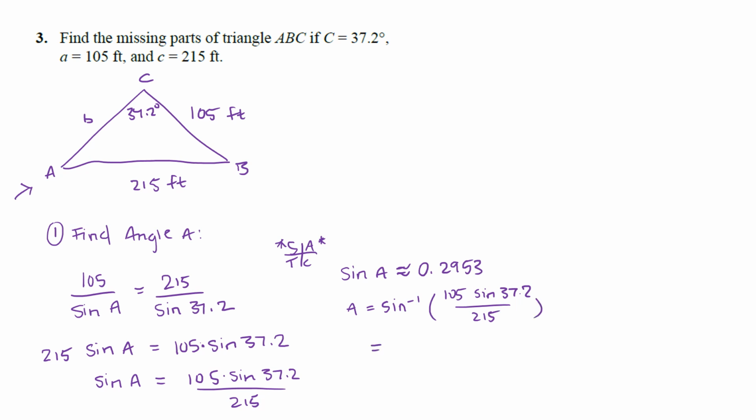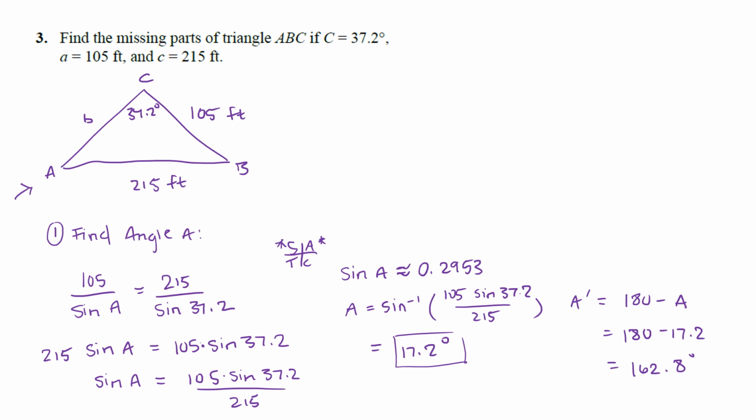And when I evaluate that, I get 17.2 degrees. So that's one angle measure. A prime, because there's two of them, would be 180 minus A. So that's 180 minus 17.2, which equals 162.8 degrees.